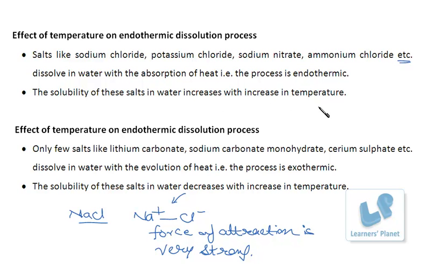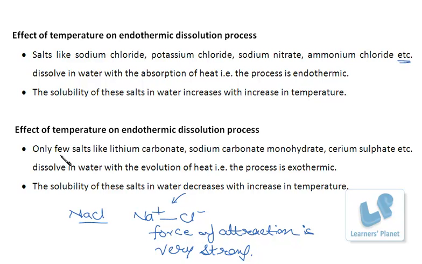What is solubility? It is the maximum amount of solute that can be present in 100 gram of solvent at a particular temperature. That is solubility. Now when the temperature increases, the solubility of such salts which dissolve in the solvent with the absorption of heat increases, right?